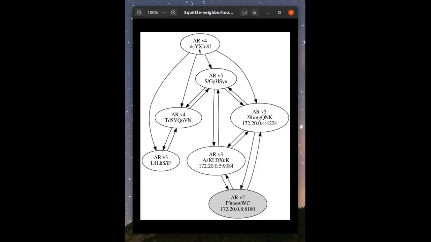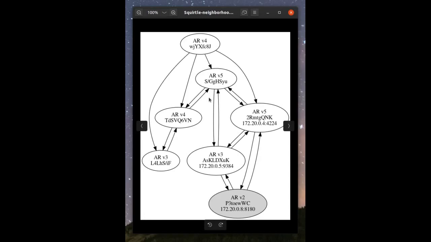Same thing here. Even though node 6 is nowhere near the node 1 that we killed, it still knows about it, and it still knows that it's not to be used. So at least that part's okay, but it's still in the database.